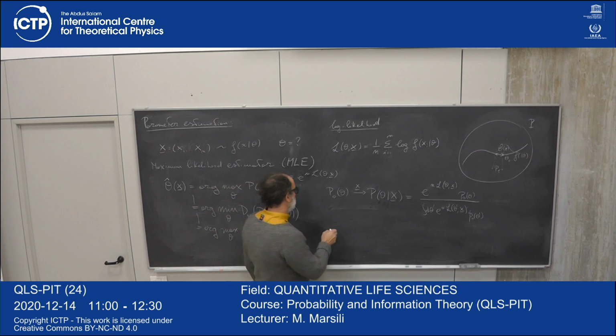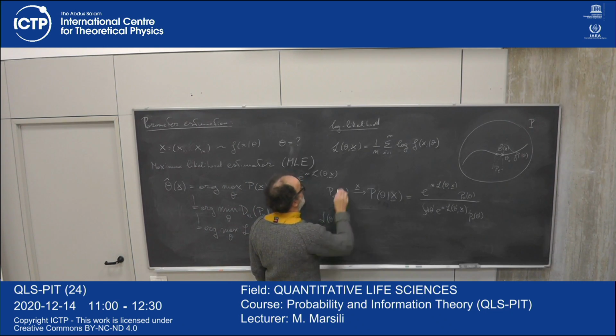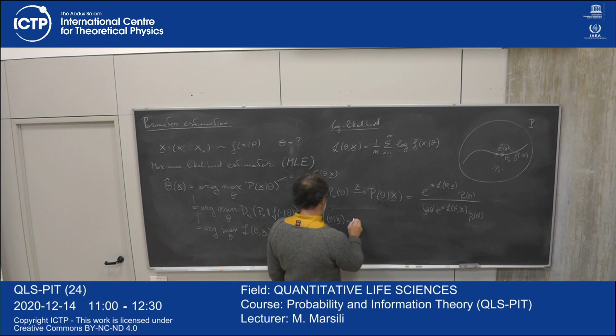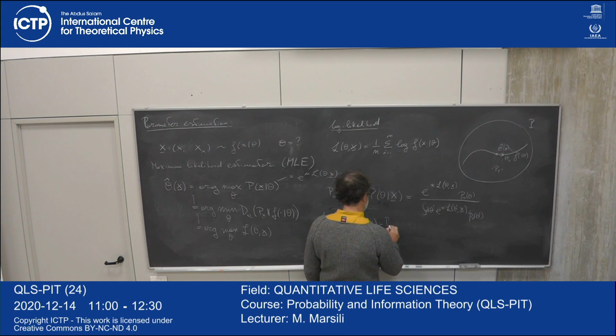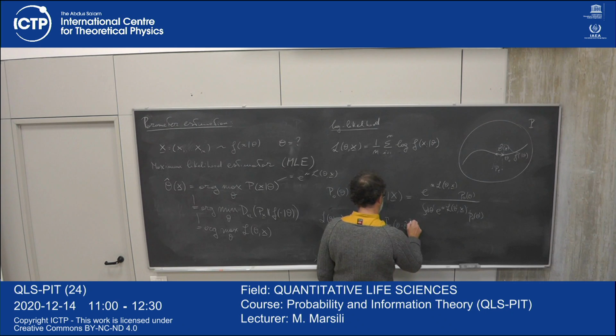Okay, so in the case where you have just one parameter, you can write that the log likelihood is essentially equal to the likelihood at the maximum, minus, I'll write it in this way, gamma over 2 times theta minus theta hat squared, plus higher order terms.